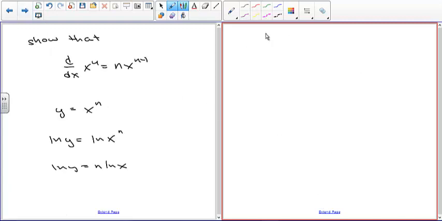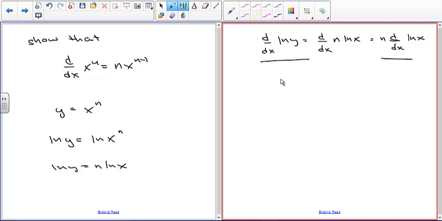Then we take the derivative of each side. And n is just a constant, so I can bring that outside of the derivative. Okay, so now we're going to take the derivative of this and the derivative of that.